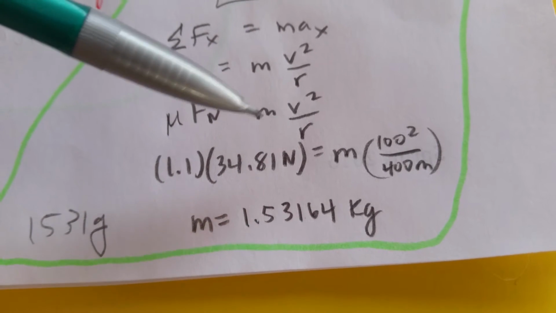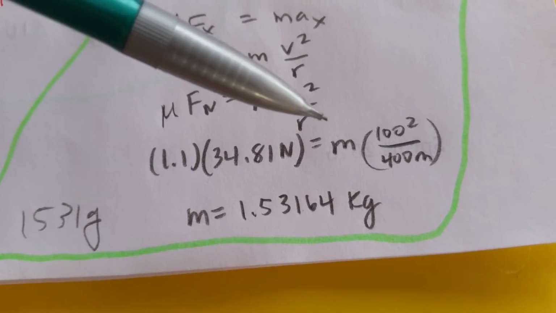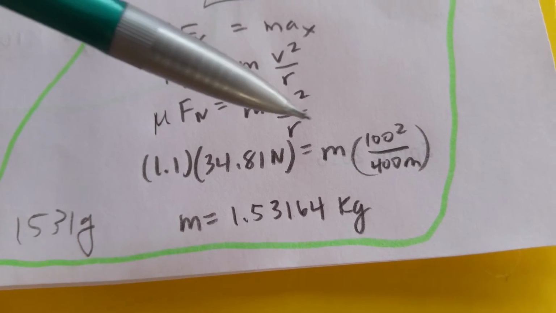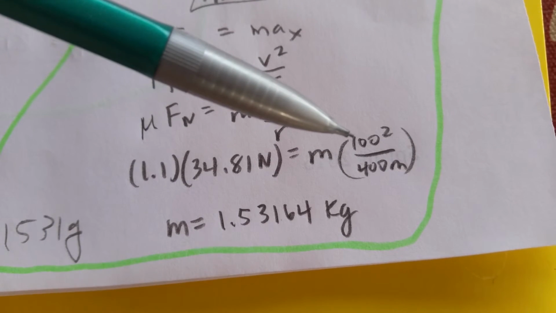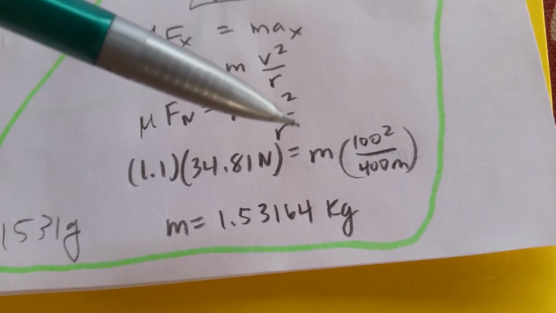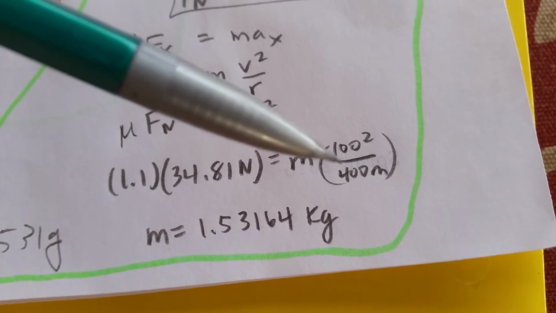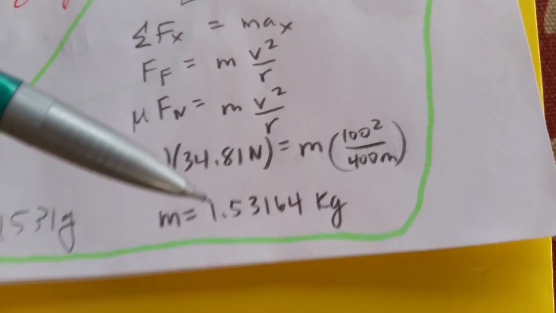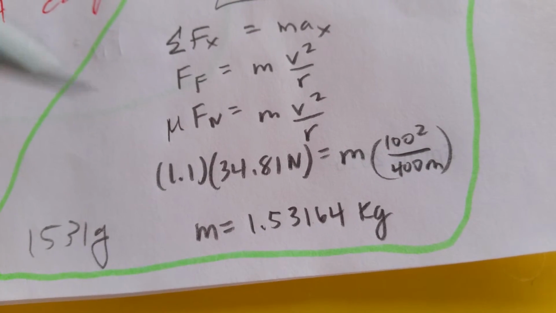So that's the left hand side, and then the right hand side is just mass times v squared over r. So doing 100 squared over 400 meters, you take this number on the left and divide it by this number on the right, then you get mass equals 1.53164 kilograms.